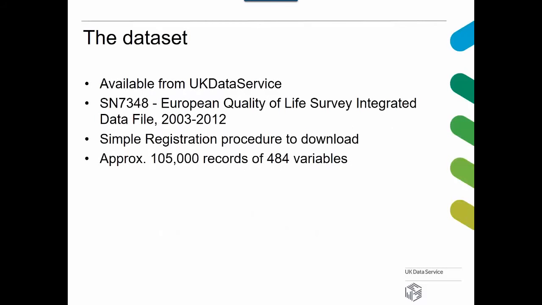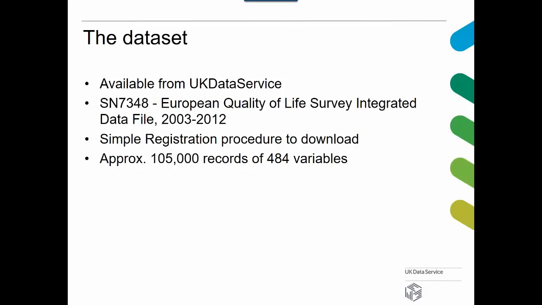Just before we get into the demonstrations, just a bit of information about the main data set that we'll be using. This is a data set available from the UK Data Service. If you want to search for it, it's SN7348, European Quality of Life Survey, 2003-2012. If you want to download it, it is a very simple procedure.